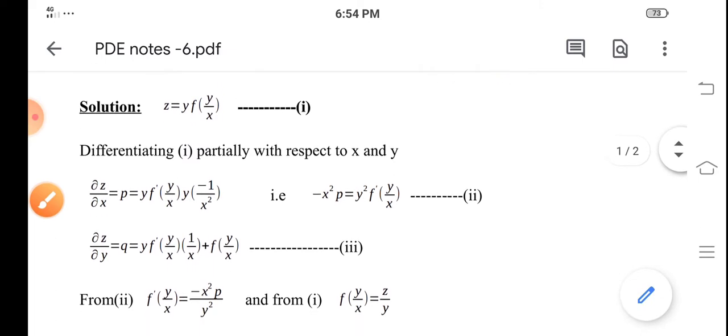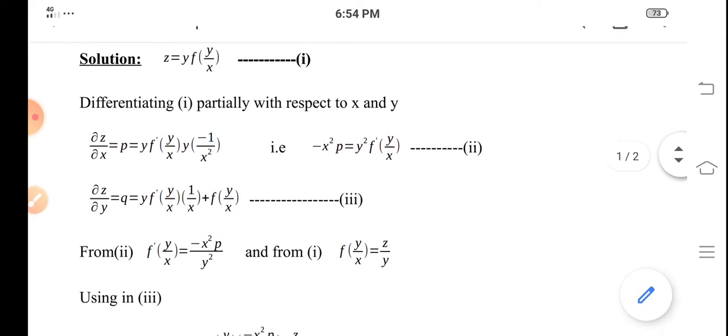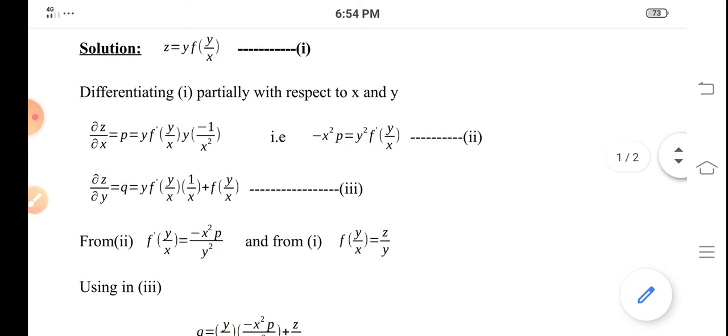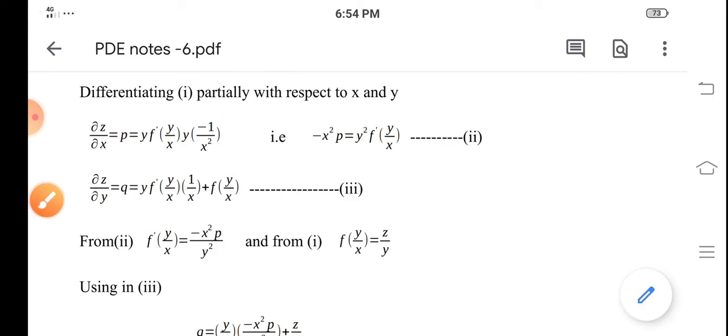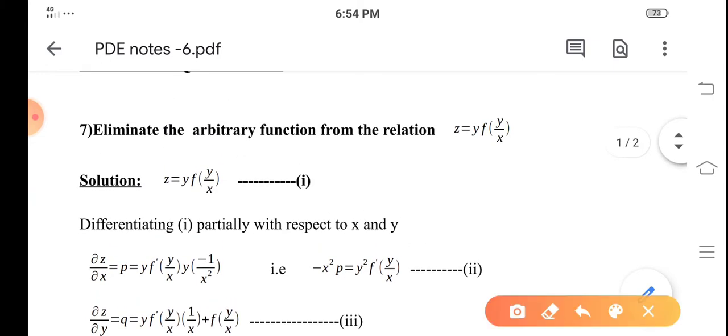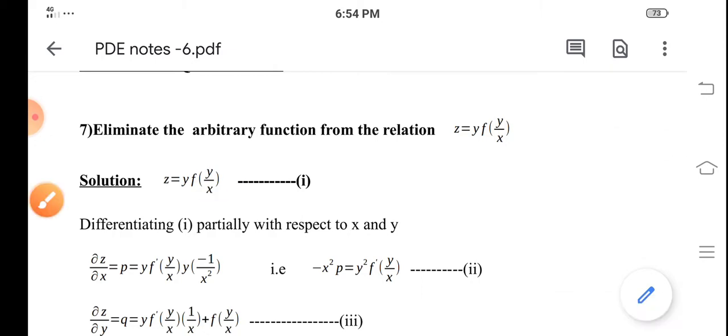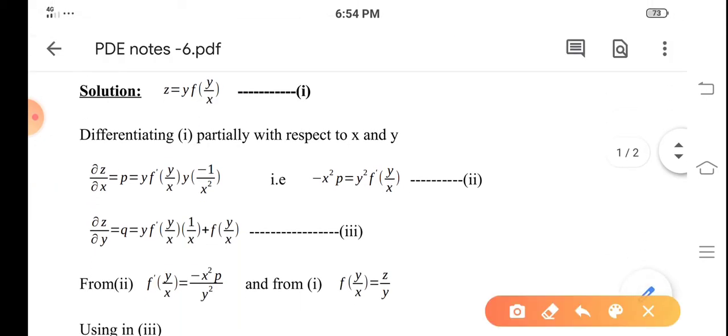Now to eliminate the arbitrary function from the given relation, I will take equation 2. From equation 2, I will write f dash of y by x as minus x square p divided by y square. And from equation 1, f of y by x is equal to z divided by y.